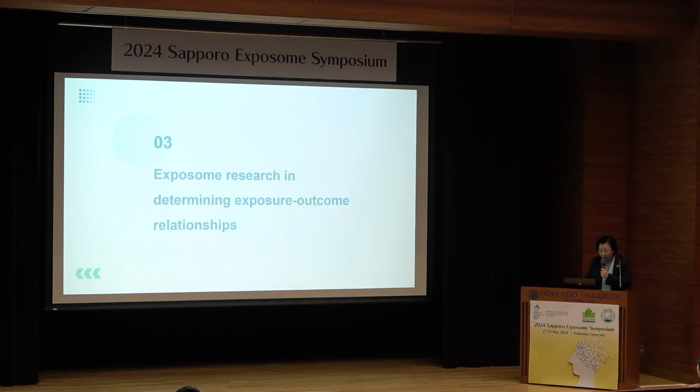So I think this is where exposome research is expected to help with problem solving, because there has been progress in the measurement of exposure. It has really helped in determining precisely the exposure and outcome relationships.